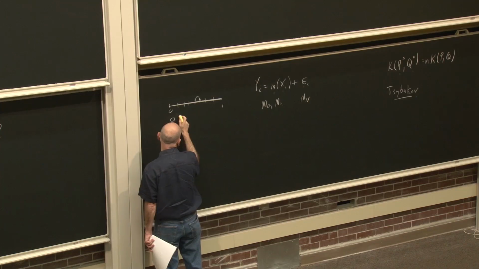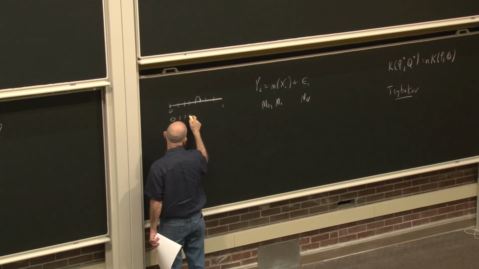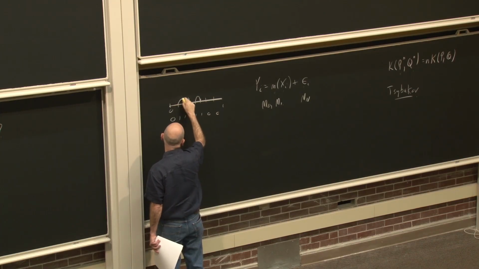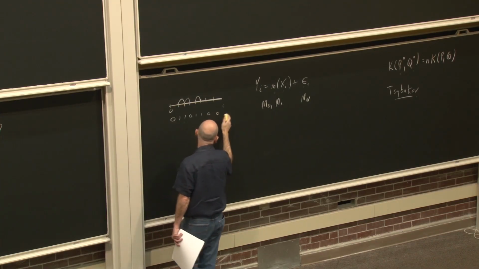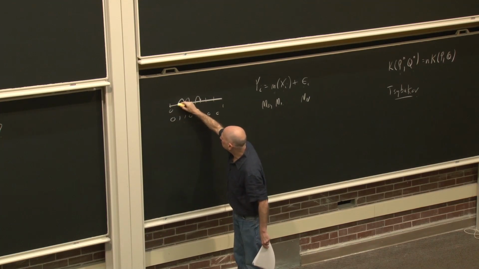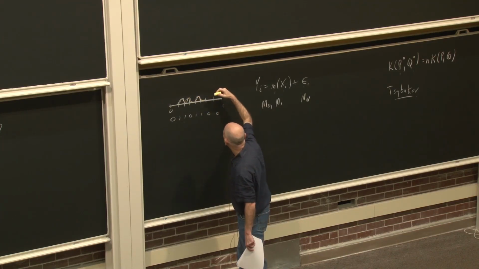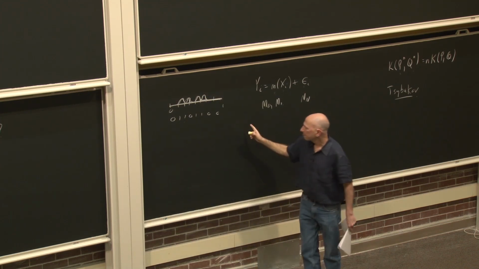So you can think of there as being a binary sequence here, 0, 1, 1, 0, 1, 1, 0, 0. And 1 means I put a bump, and 0 means I don't. So there's one of my functions in my class of functions. Everywhere there's a 1, I put a little bump, otherwise not.